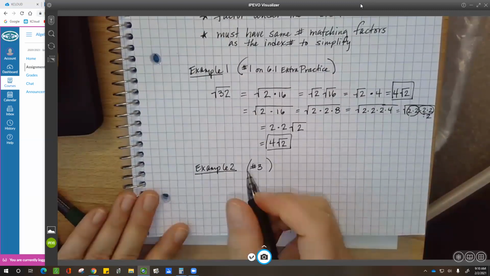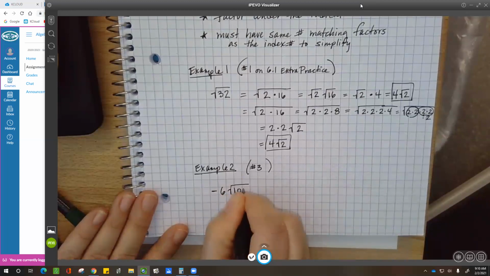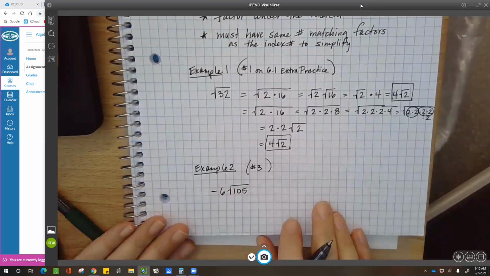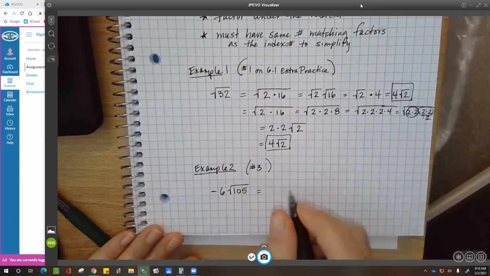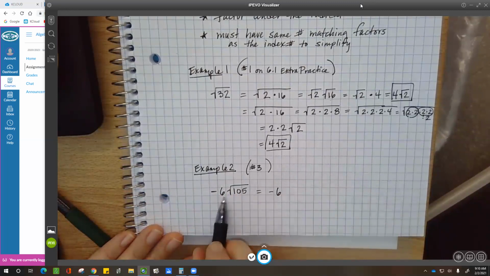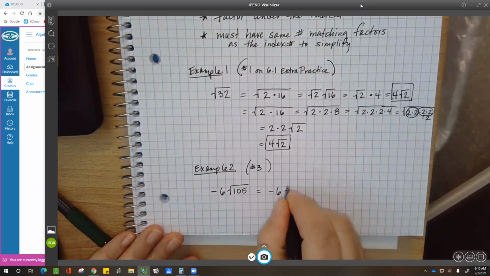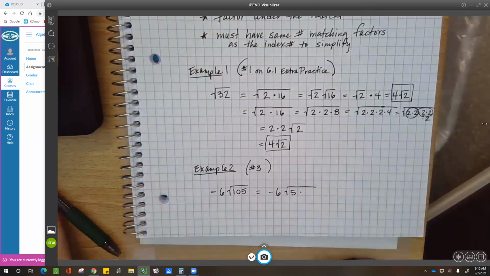Here I have -6 square root 105. And I don't know the factors of 105, but it ends in 5, so it must be divisible by 5. When you rewrite this, make sure you don't throw away your -6. Make sure that comes along through the whole process. It's going to be 5 times something. Let's see.